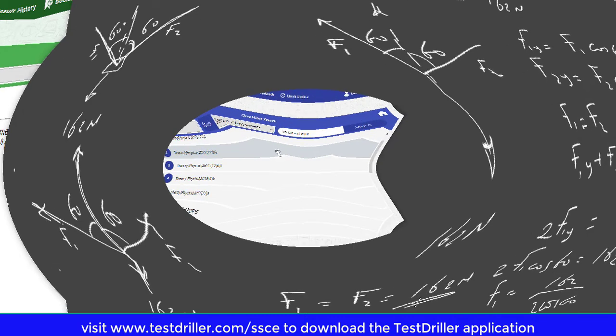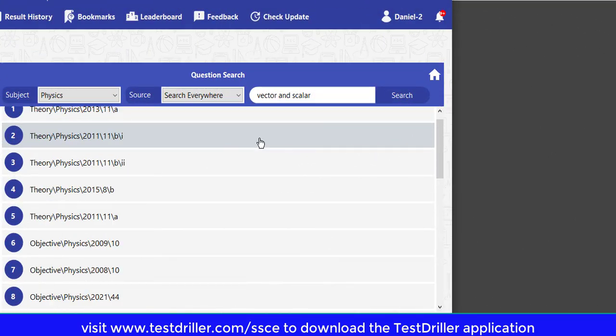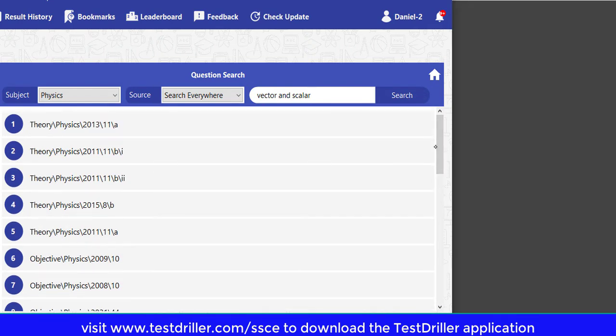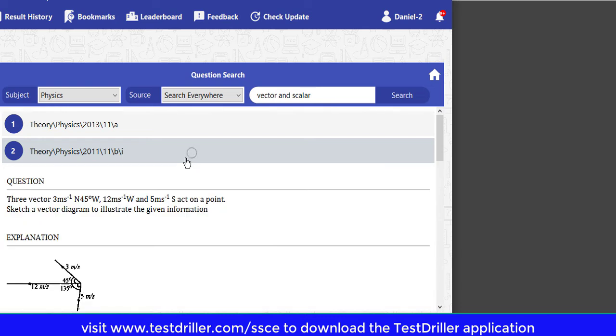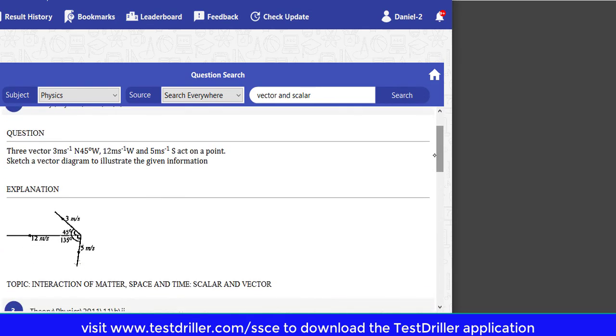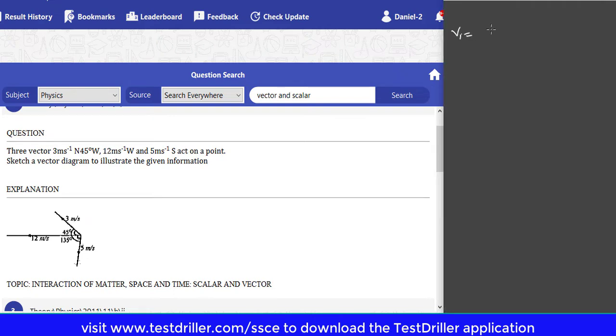correct option. We're going to take our last question from SSC past question, and that's question number 11BI from the year 2011, and that's a theory question. So let's interpret the question. The question says that three vectors, so let's name them V1. The first vector has magnitude 3 meters per second, and the direction is north 45 degrees west.